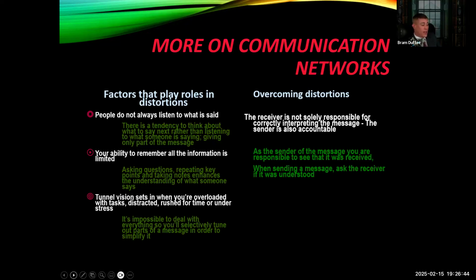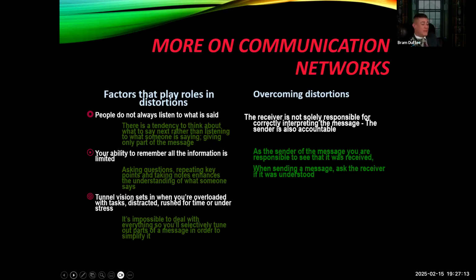One key factor is listening, or rather, not fully listening. It's common to think ahead about what you want to say next instead of focusing on what the speaker is talking about right at that moment. This habit often leads to picking up on only fragments of a message, and sometimes can create a partial or skewed understanding of something.